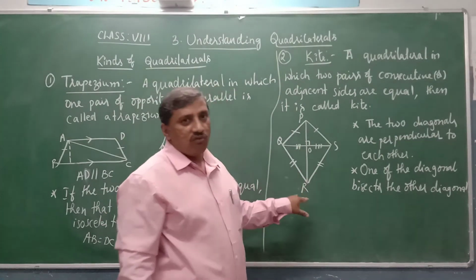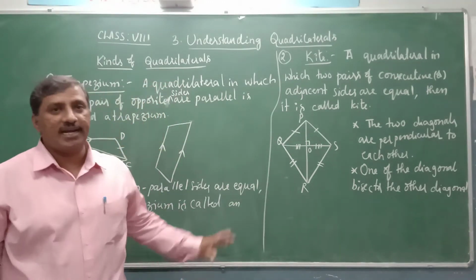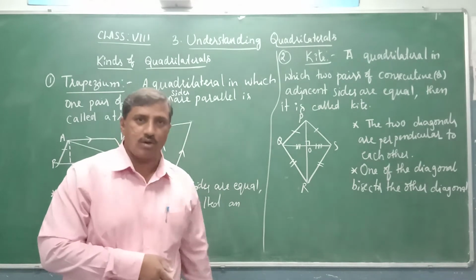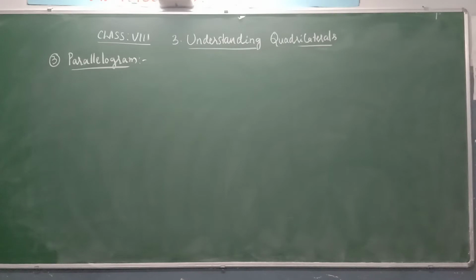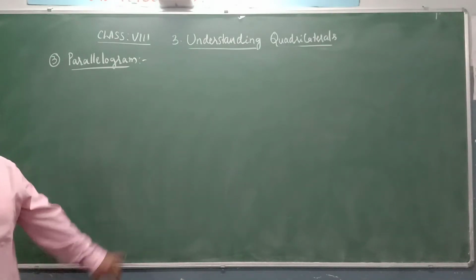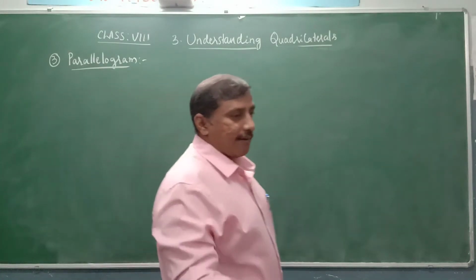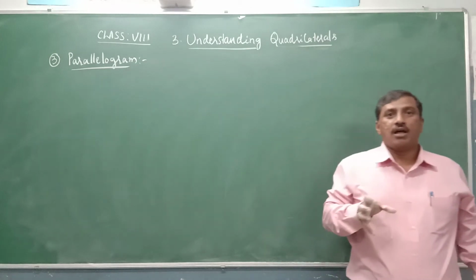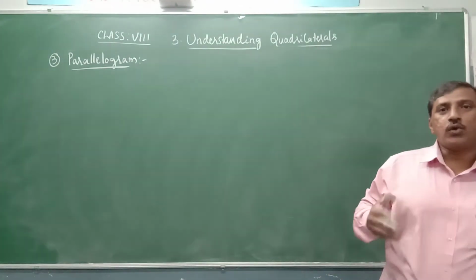So this is about a kite. Now we are going to discuss the parallelogram in detail. What are the properties of a parallelogram? The third type of quadrilateral is the parallelogram. It is a quadrilateral in which two pairs of opposite sides are parallel.